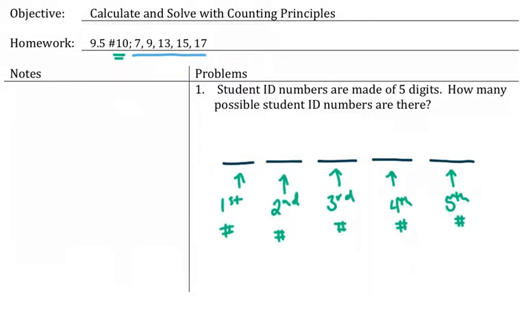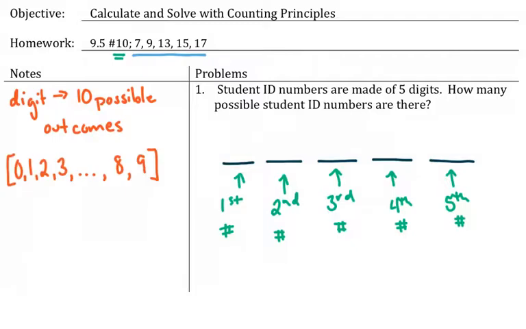Then once I know how many different types of things I'm thinking about, looking at any type of problem, I'm going to think about the number of possible outcomes for each of those things. Each of these is a digit, and that means there are 10 possible outcomes: 0, 1, 2, 3, 4, 5, all the way up to 9.